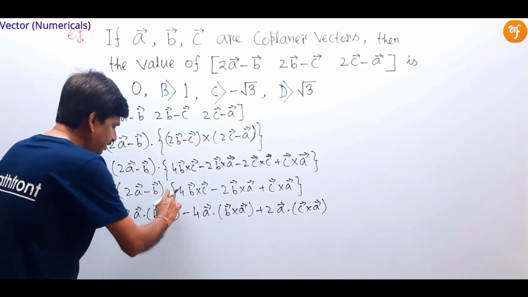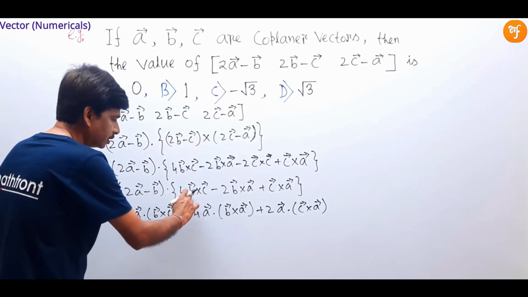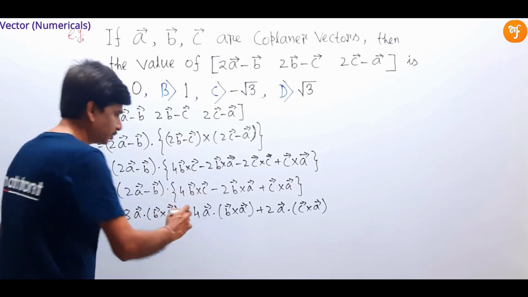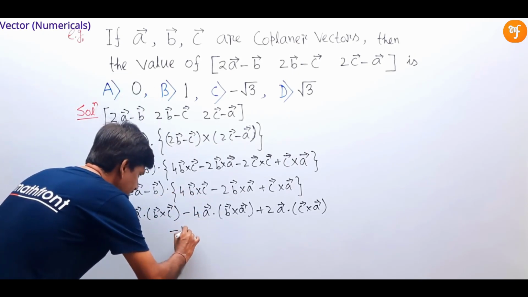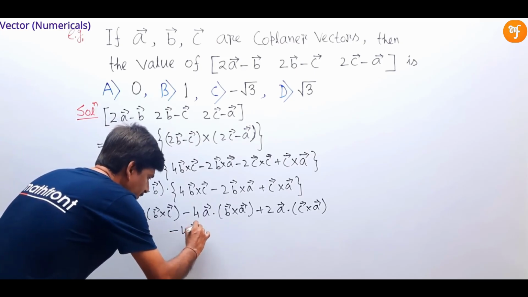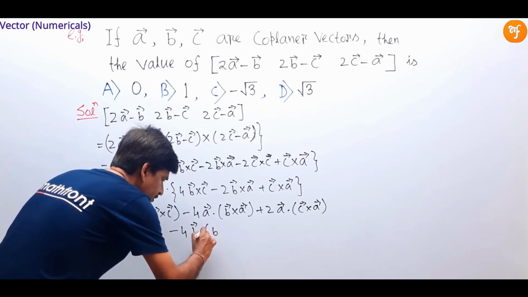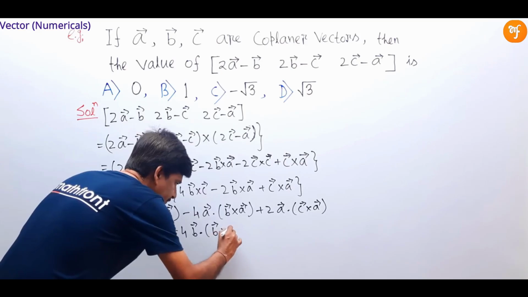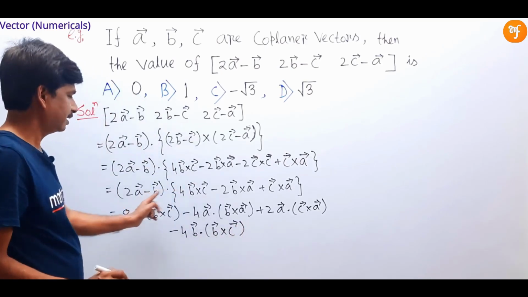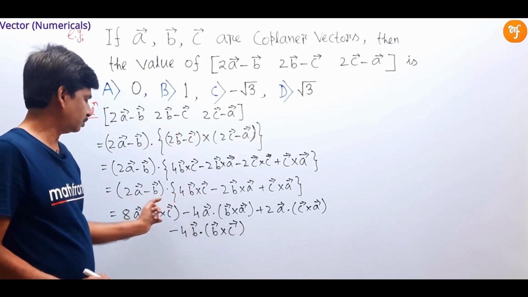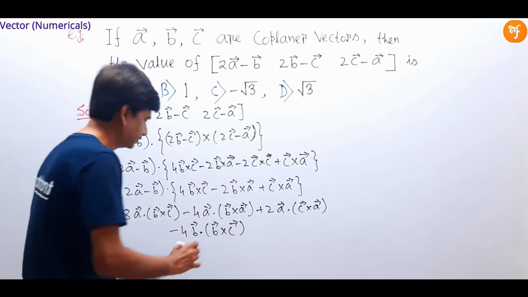So minus b dot 4 into b cross c. So we can write minus 4 into b dot b cross c. Okay. Then minus minus plus 2 into b dot b cross a.